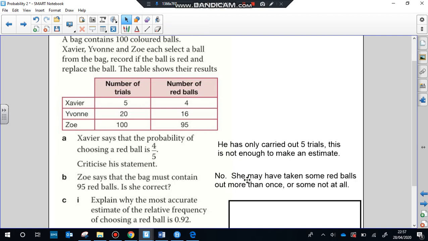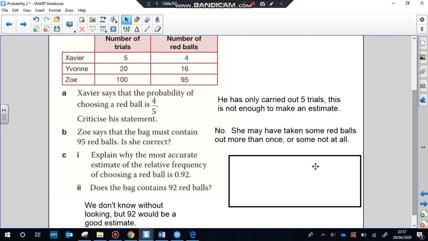Well, no, it doesn't. Because she may have taken some red balls out more than once, or she might not have taken some out at all. Okay, so we don't know, and unless we tip the container out and physically count how many balls there are, we won't know how many red balls there are.